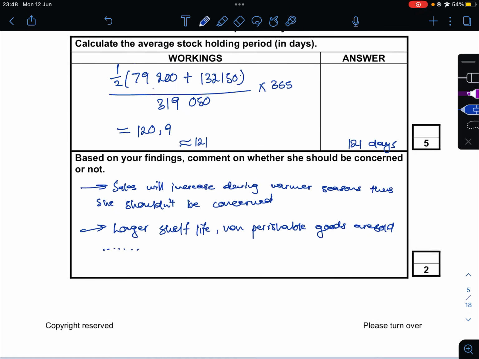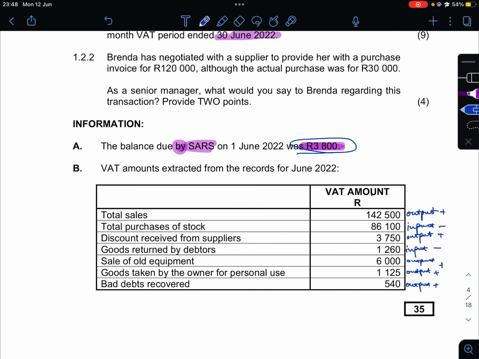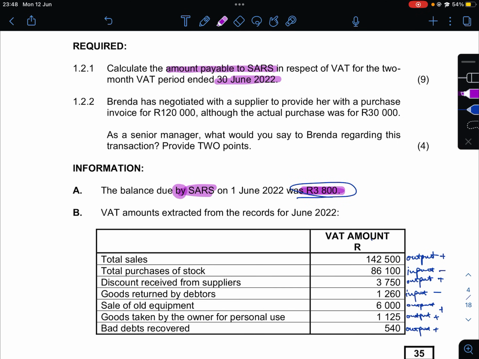Now we're going to read the transaction and let's find out what really happened here. So it says Brenda has negotiated with the supplier to provide her with the purchase invoice for 120,000, although the actual price was 30,000. Alright, so what's really happening here is that Brenda is talking to a supplier and says, give me an invoice that states 120,000. So Brenda is saying she has paid more VAT than she was supposed to pay.